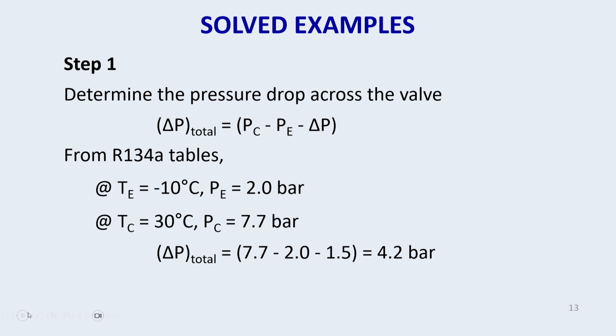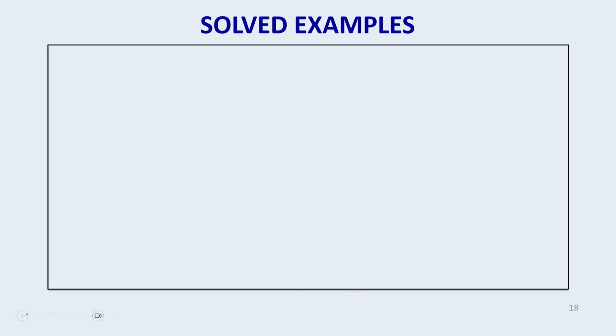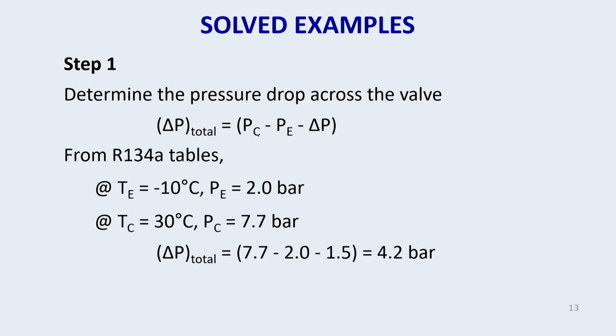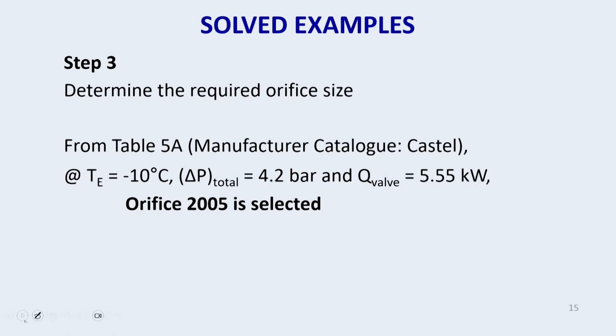So the first step is to determine the pressure drop across the valve. This is also a practical application oriented question. So step 1, pressure drop across the valve. The refrigerant is given as R134A. Let us write the given data.